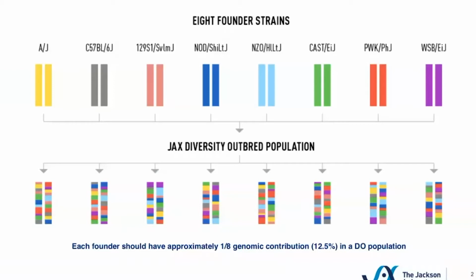Much like the human condition, each mouse within that population and over the generations is unique and can never be found ever again. But each population of diversity outbred mice should have approximately a 1/8 contribution from each one of those 8 founder strains. So that's theoretical, and what I'm going to show you today is what's actually going on in this population and whether or not it is close to what we believe is happening theoretically with their genetics.